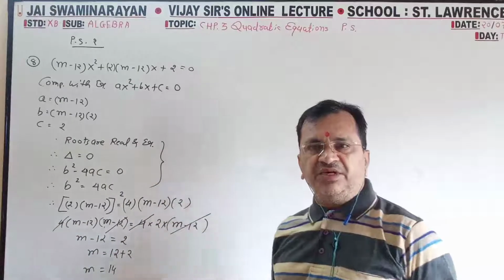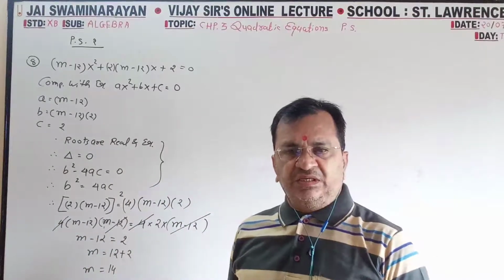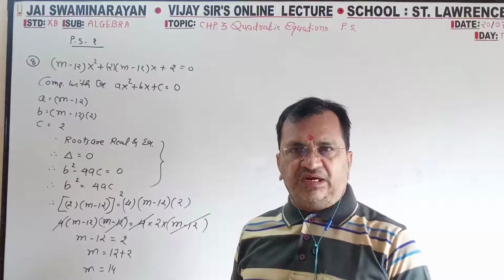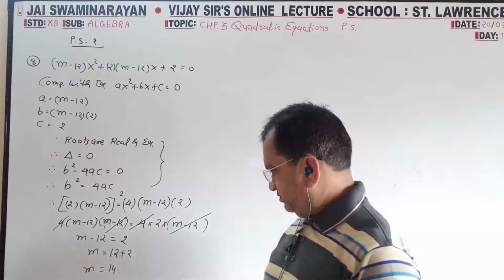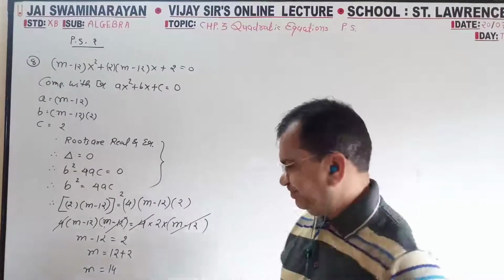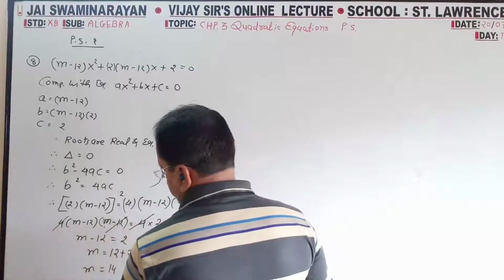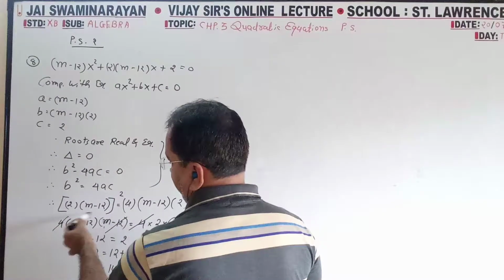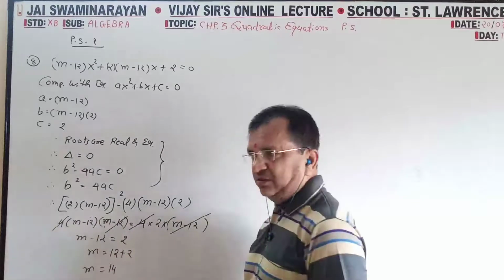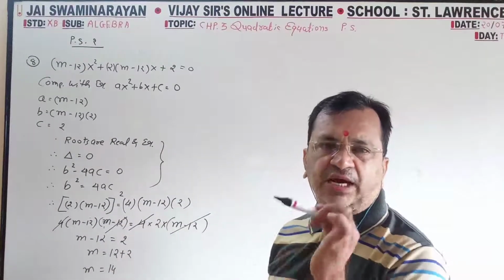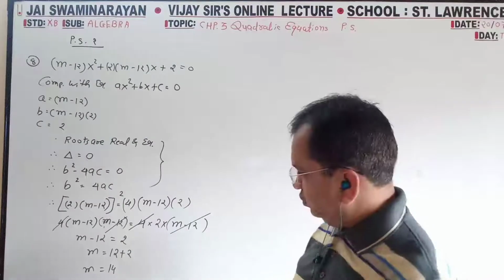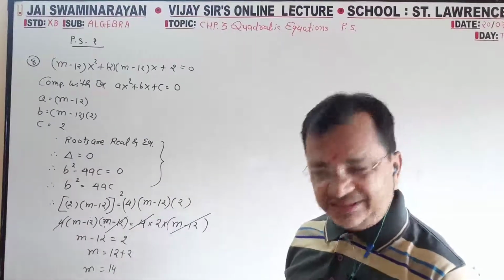See how easy it is, without opening the bracket, without taking the factor. So for the second answer, here it is m squared, so it is a quadratic equation. If you are getting only one answer, the second you have to assume 0. So exactly it is 14 and 0.